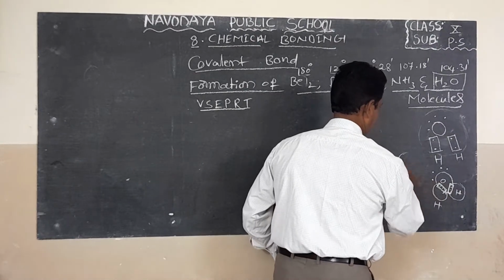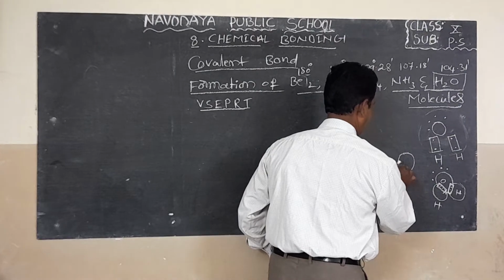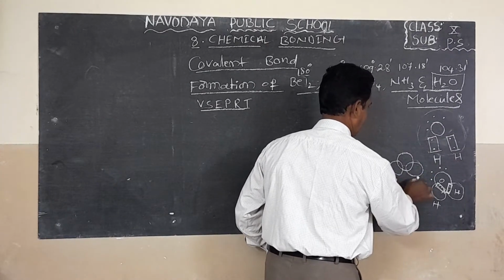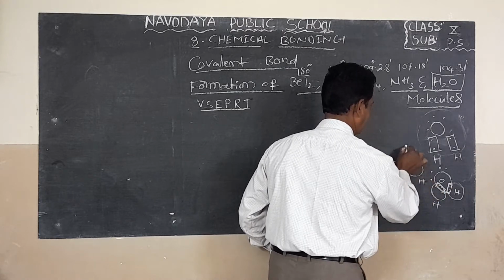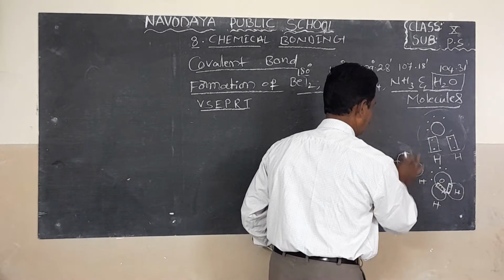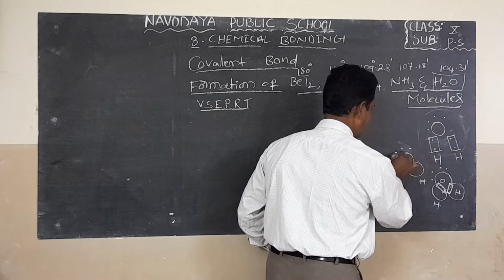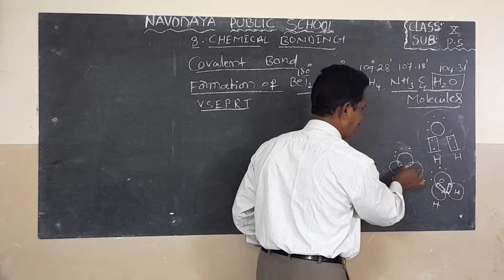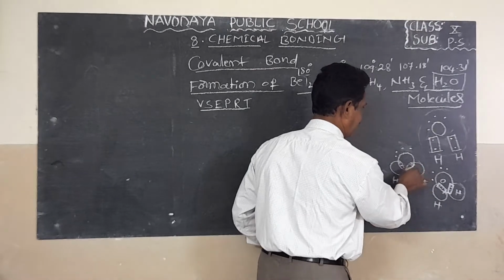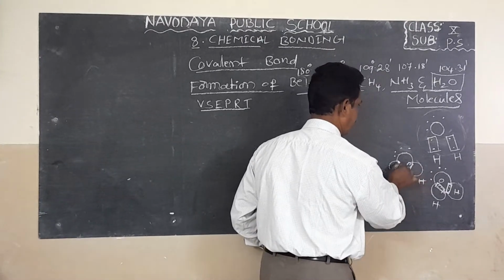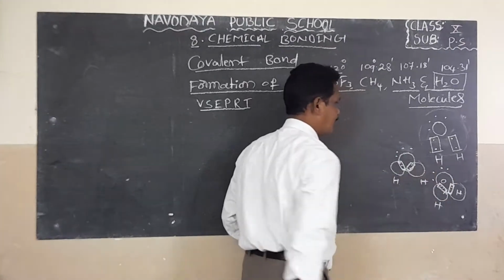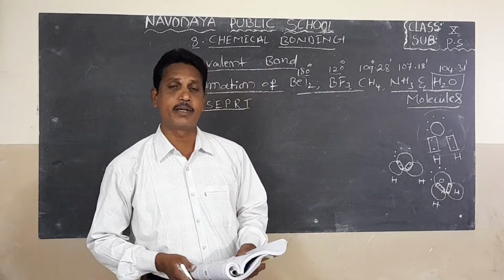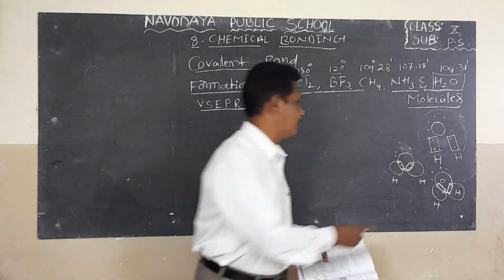Same oxygen atom, hydrogen atom. So this oxygen atom contains 2 lone pairs. These 2 are bond pairs, these bond pair electrons, to form the H2O molecule.